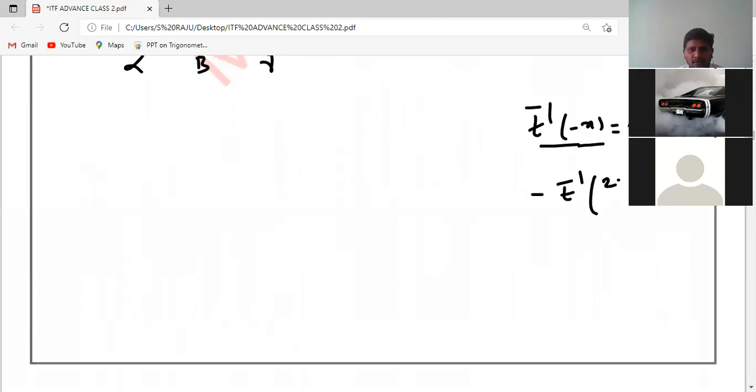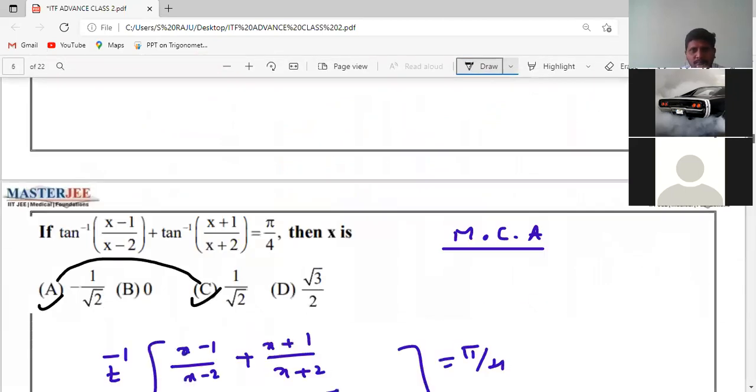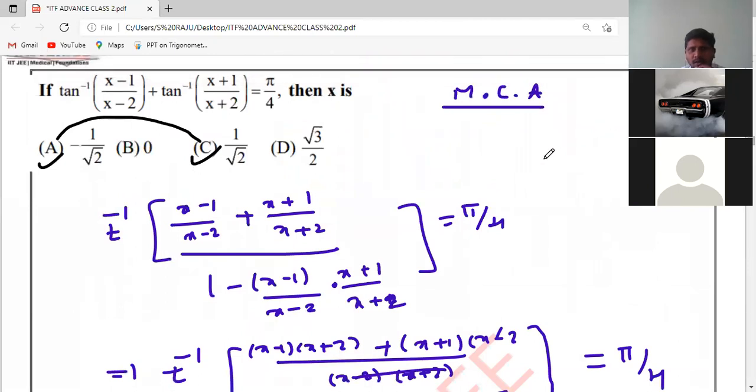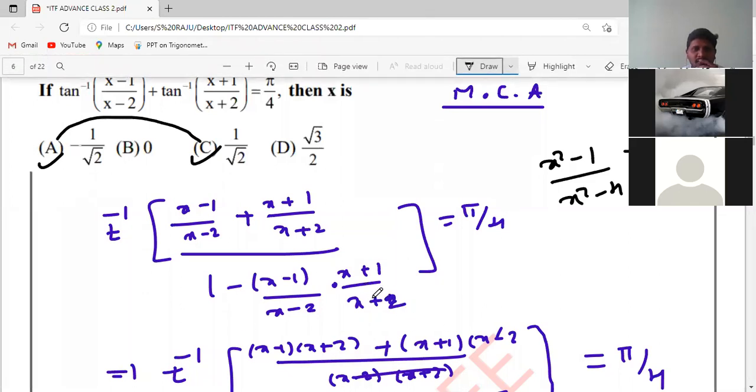See, here the thing is, what about x square minus 1 by x square minus 4 for any x values? Is it greater than or lesser than 1? Lesser than 1. Substitute some values. Here the denominator we are getting is negative, minus 3. As you said, tan inverse of minus x is equal to minus tan inverse of x.